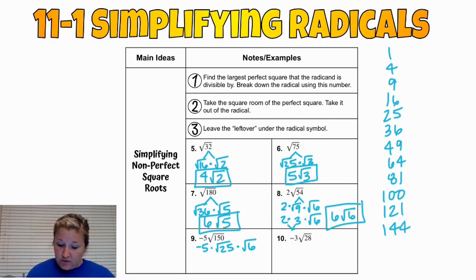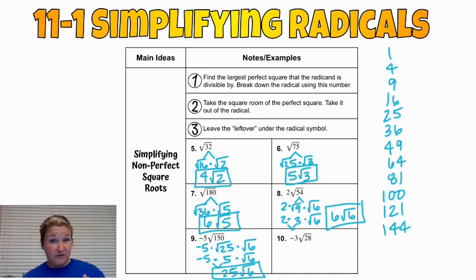Then I'm going to find this perfect square. So it's going to be -5 times 5, because that's what the square root of 25 is. That's why I did that. Times the square root of 6. That leaves there. Then I'm going to multiply these two together. That gives me -25 times the square root of 6.